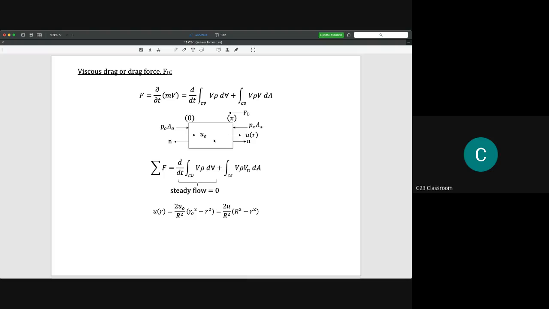You could make a revision about that. The simple way to deal with this is, for example, we have a pipe here, and the flow is flowing from left to right like this.